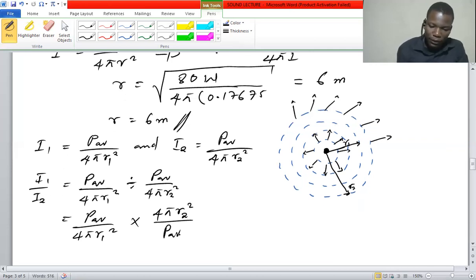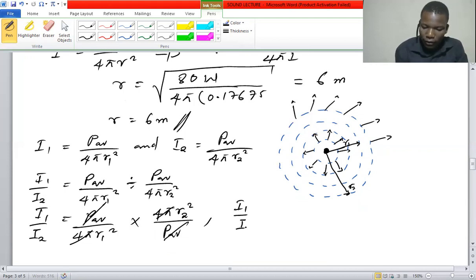So what we're going to have is this, and that will cancel this, and that will cancel. And remember, here we have the ratio of these intensities. So what we're going to have is the ratio of intensities equal to R2 squared over R1 squared. Okay.